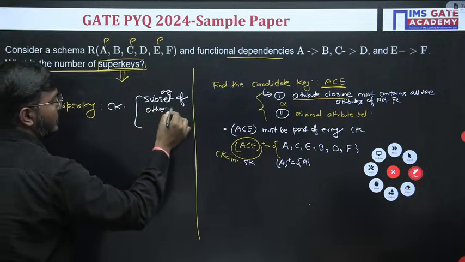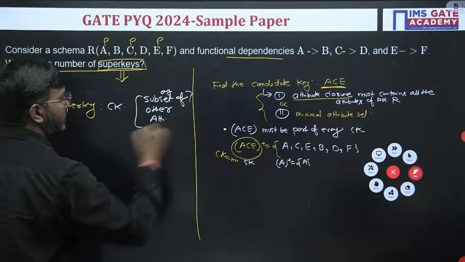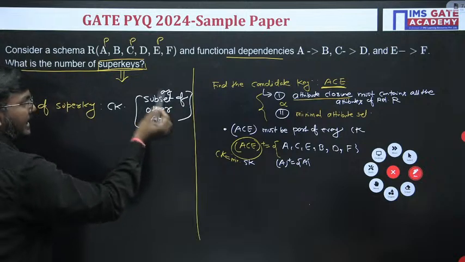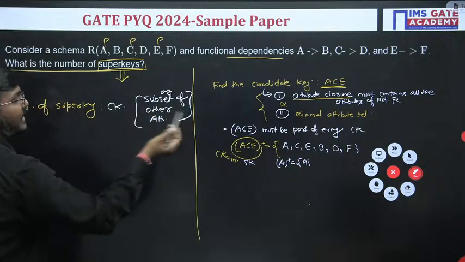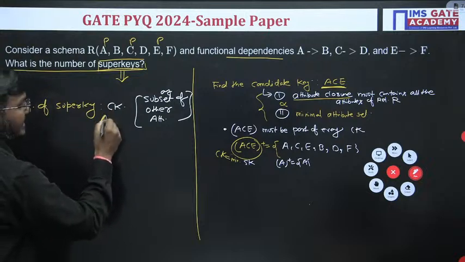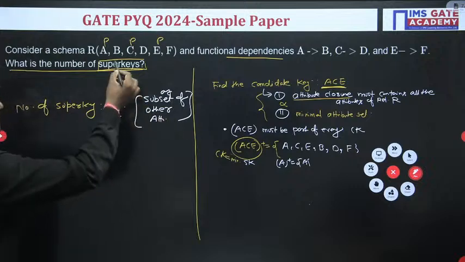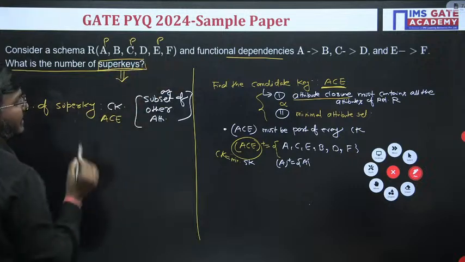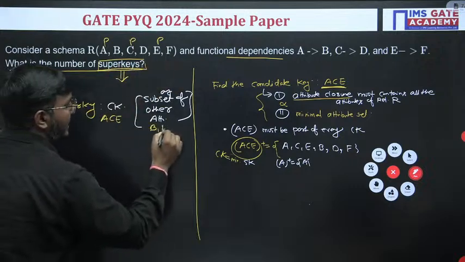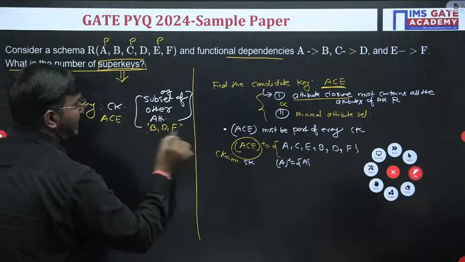Other attributes means, since the candidate key is ACE, except this ACE, what are the other attributes here? The other attributes are B, D and F. You're getting my point here?